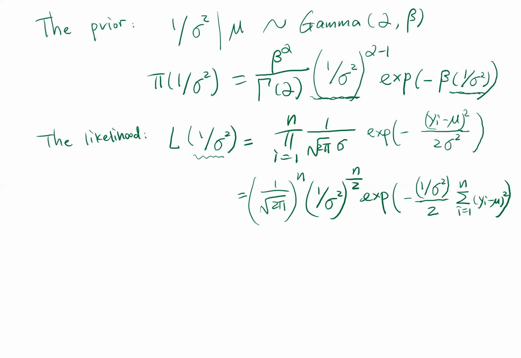Just to keep our old practice, recognize what is constant and what is not. In terms of 1 over sigma squared, which is the parameter of interest at the moment, among the 3 terms, are any of these constant?